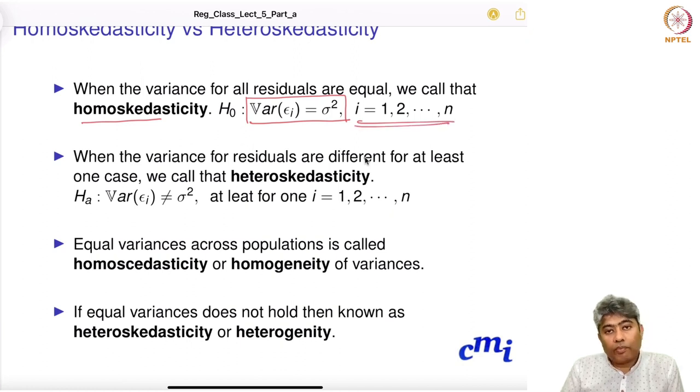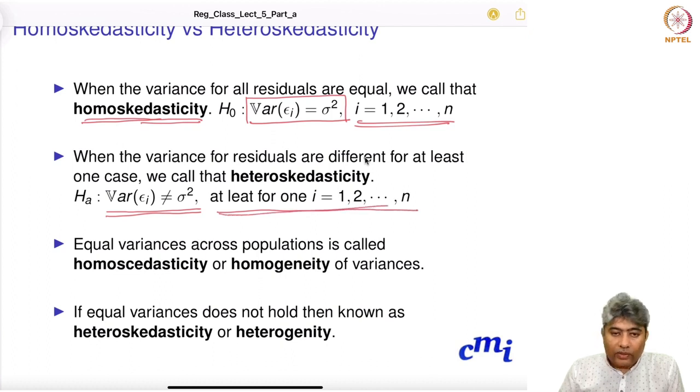When the variance of residuals is different for at least one case, we call it heteroscedasticity, and the alternative is that variance of epsilon i is not equal to sigma square for at least one i. This is my alternative hypothesis.